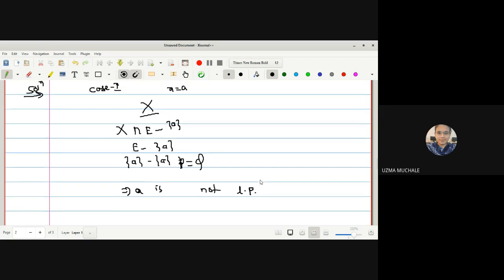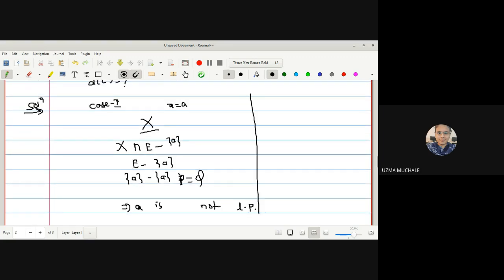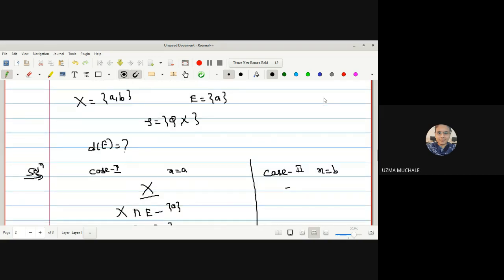Let us check similarly for case 2. What is case 2? We have to check whether x equal to b is a limit point. How many open sets contain x equal to b? Only one open set contains b, that is X itself. Phi is the empty set, so it does not contain any limit point. So X intersection E minus singleton B. Now let me check the result of X intersection E, which is E minus singleton B. Now what is your E?